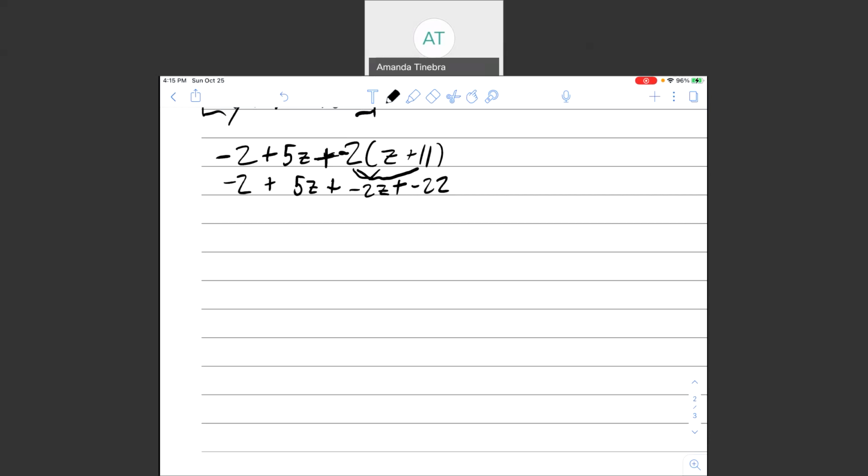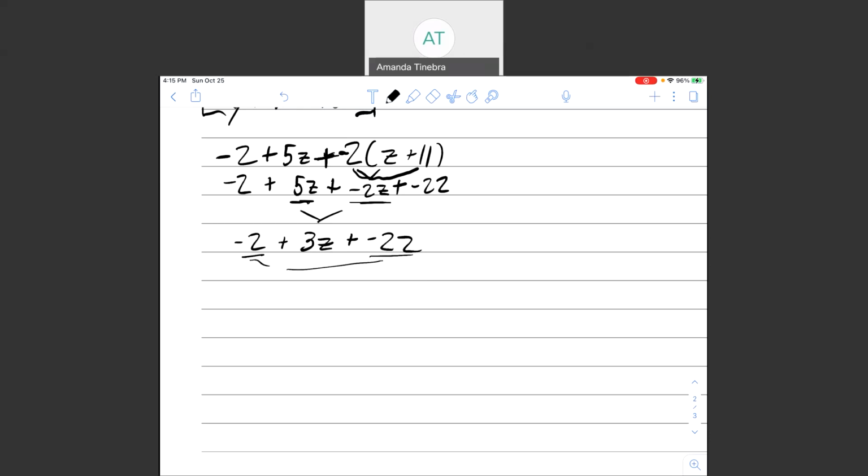Still looking to find like terms, I see that I have a 5z and a negative 2z, so I can combine those. 5z plus negative 2z will be 3z. And I still have left a negative 22, negative 2. Now I have two constants, two numbers without a variable involved. I can actually combine those as well.